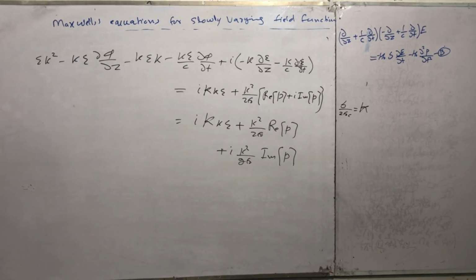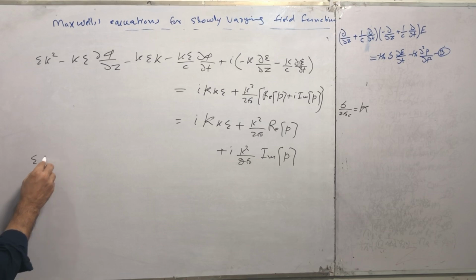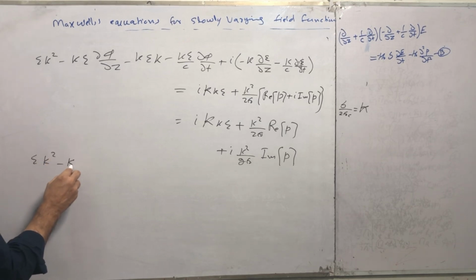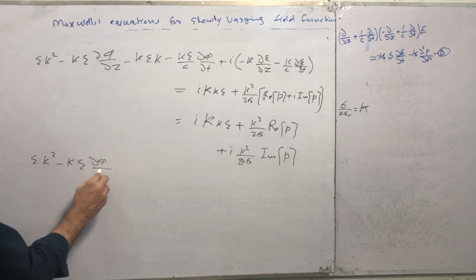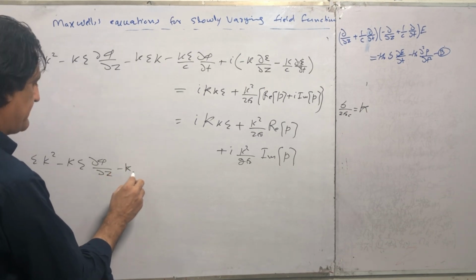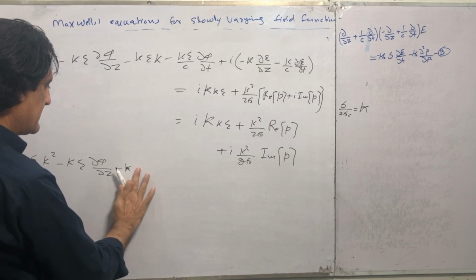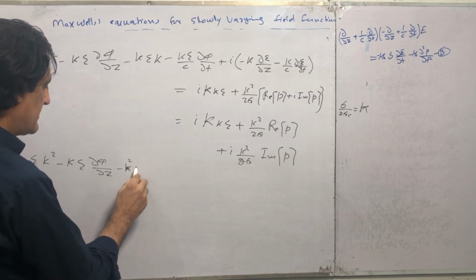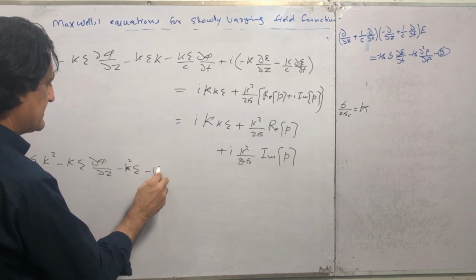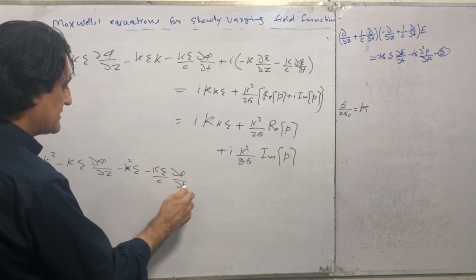Now compare the real and imaginary parts. So e k square minus k e partial phi divided by partial z minus k e, this is k square, I think this is k square e minus k e divided by c partial phi divided by partial t.